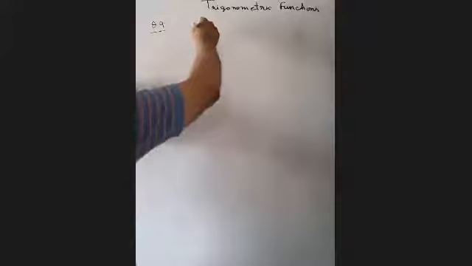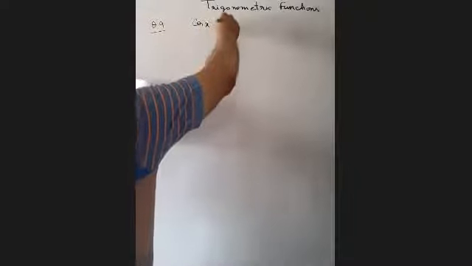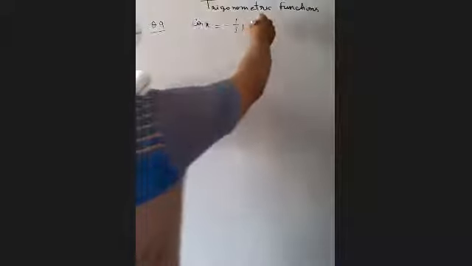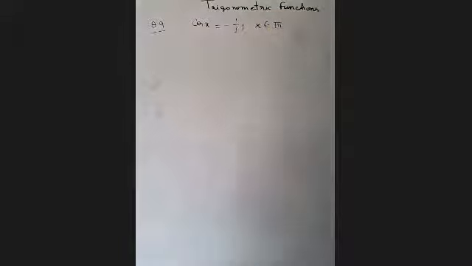See question number 9. They have given you cos x is equal to minus 1 upon 3 and x belongs to the third quadrant. We have to find the value of sin x by 2, cos x by 2 and tan x by 2.